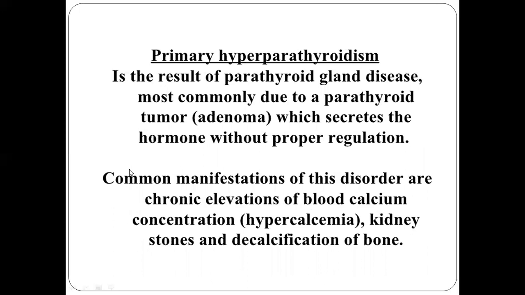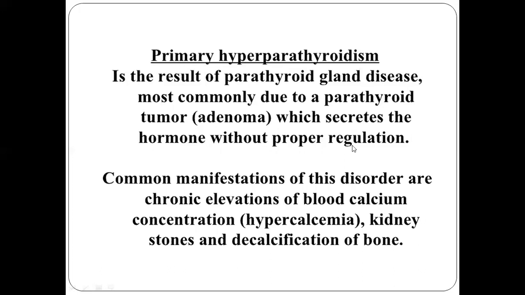So what is primary parathyroidism? It is the result of parathyroid gland disease, most commonly due to a parathyroid tumor. Whenever an adenoma or benign tumor occurs in the parathyroid gland, it secretes the hormone without proper regulation.